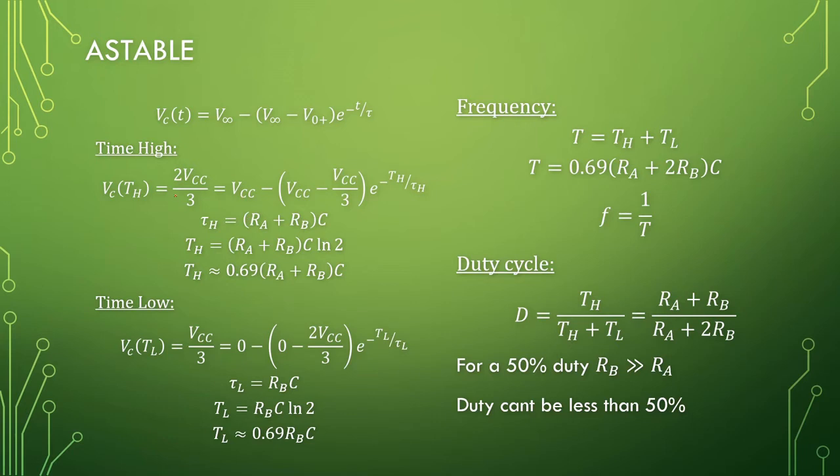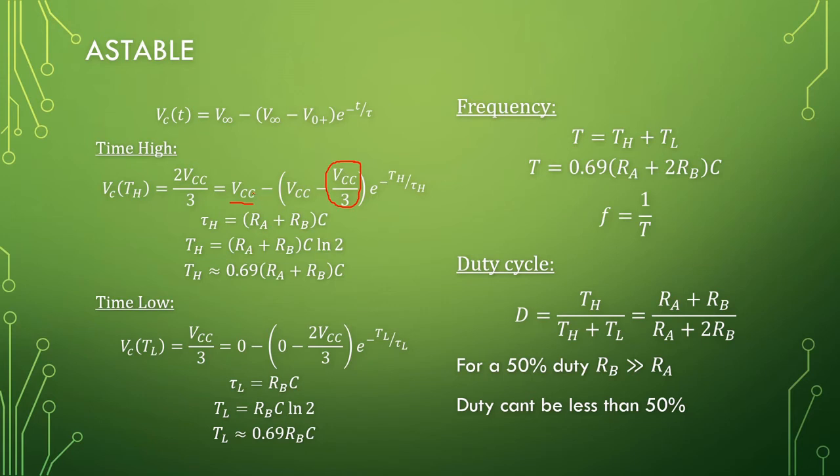Right. So, if our trigger is at 2 times VCC over 3, we were charging towards VCC. Okay, and our starting off point was VCC over 3.